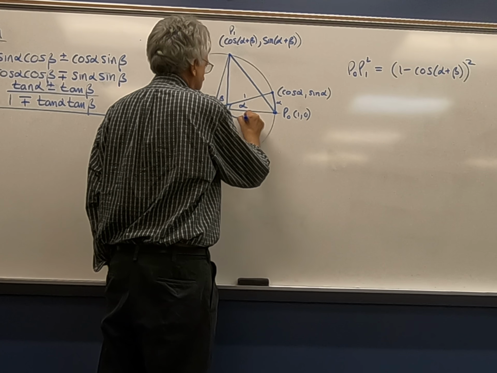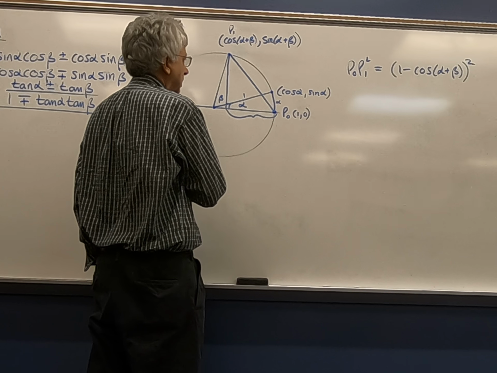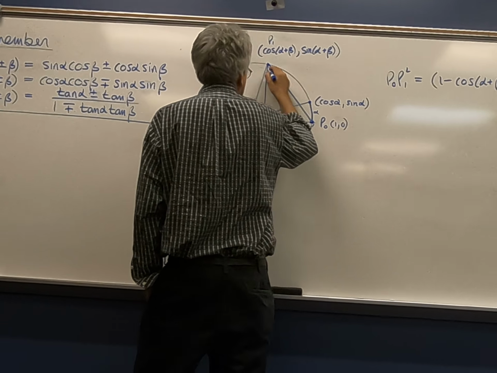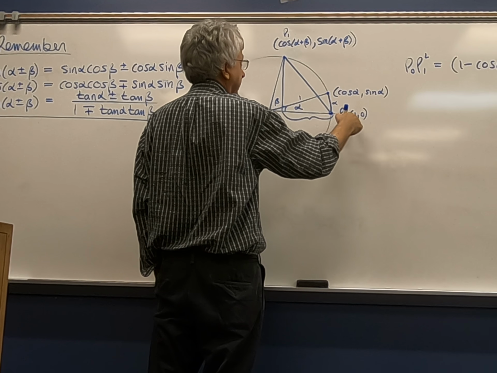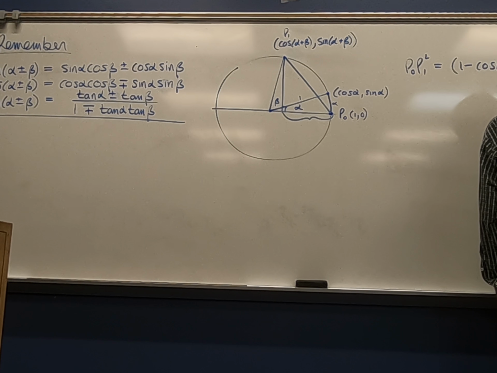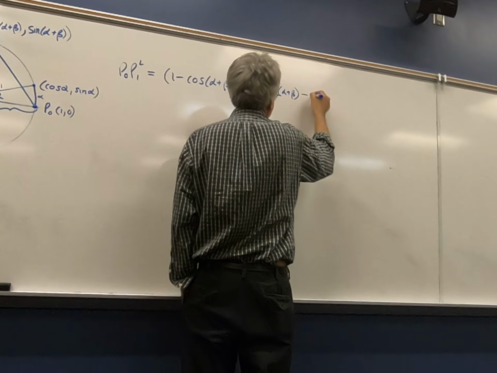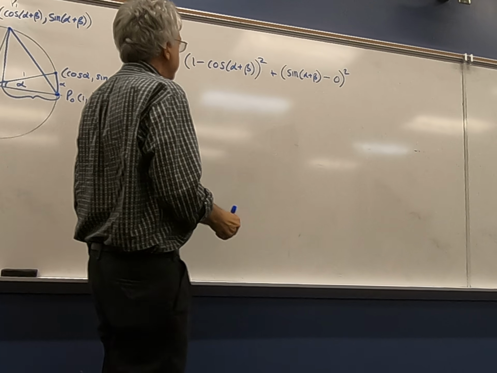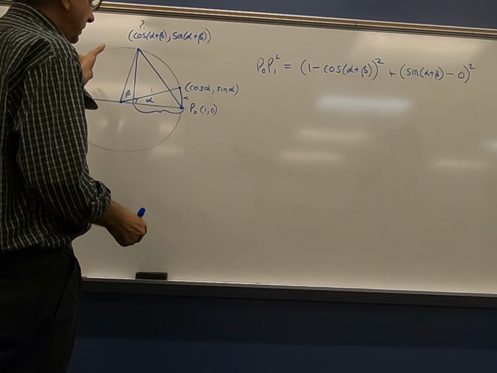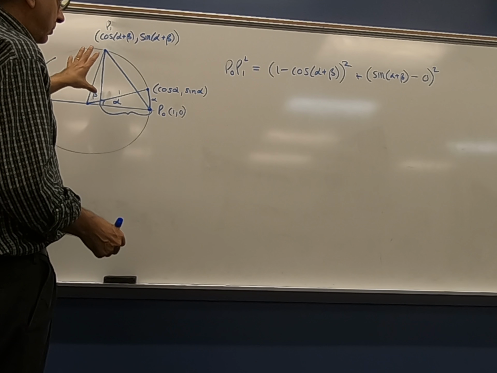That's this distance here. And this vertical distance is going to be the difference in the y-coordinates. Well, it's going to be sine alpha plus beta minus 0, squared.